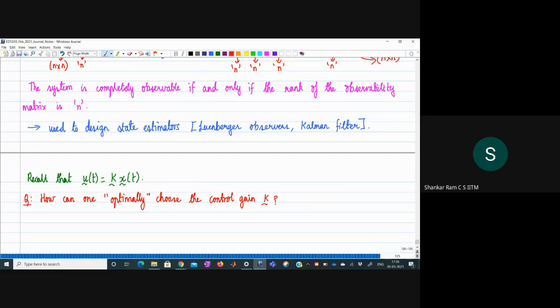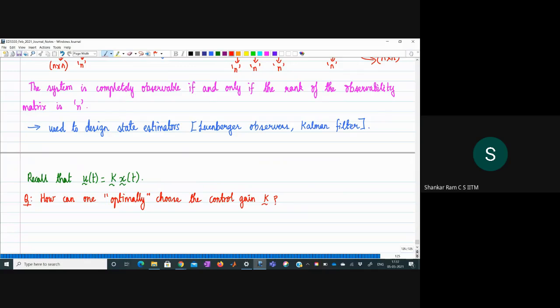So the point is, how do we get the control gain K such that we satisfy some constraint or minimize some performance metrics and so on, right? So one very popular optimal controller from this perspective is what is called the linear quadratic regulator, or LQR, which is something we will learn in the next class.